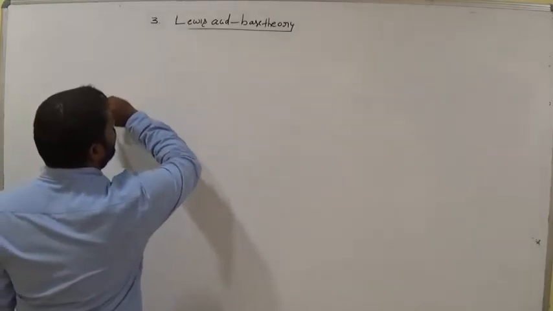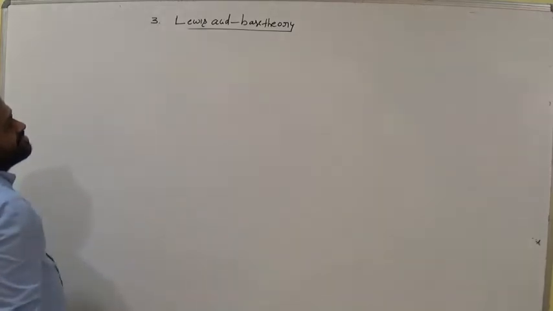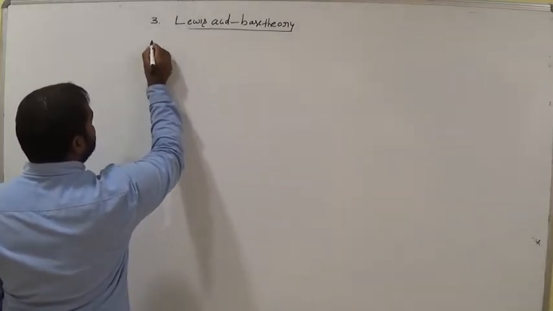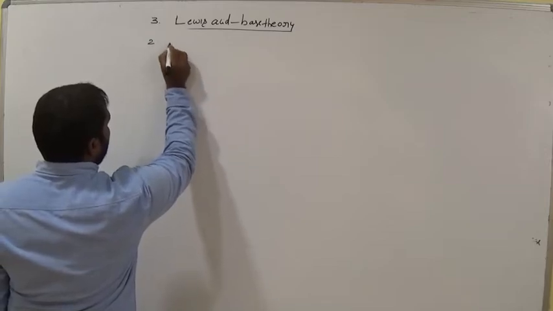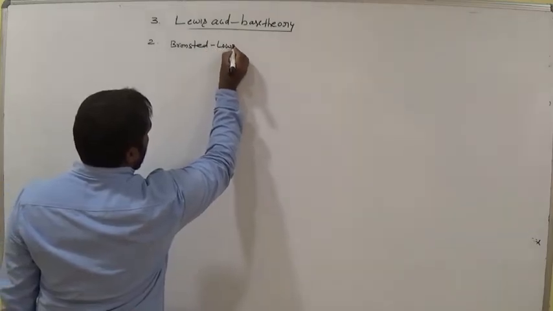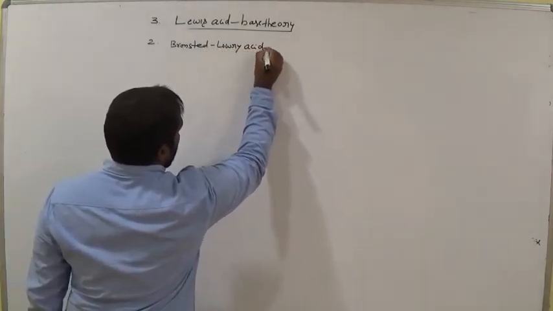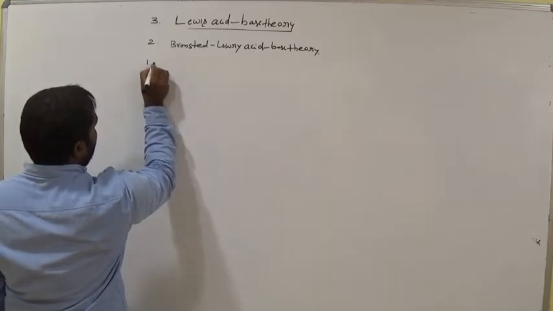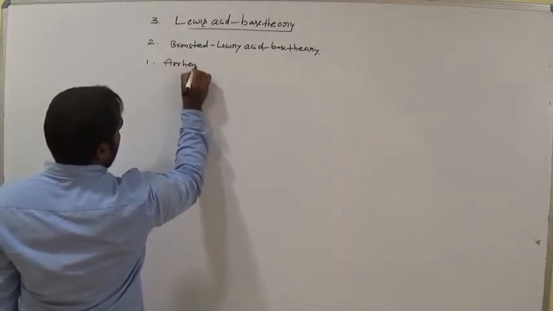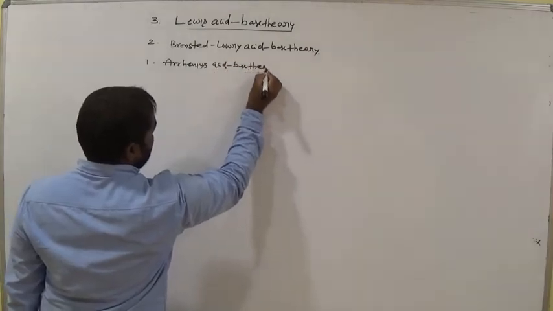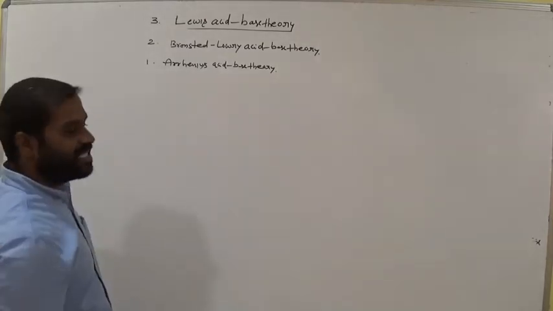Let's see, in acid base theory, how many theories do we have in total? We have already discussed Lewis acid base theory. The second theory is Bronsted-Lowry acid base theory, and the first theory is Arrhenius acid base theory.